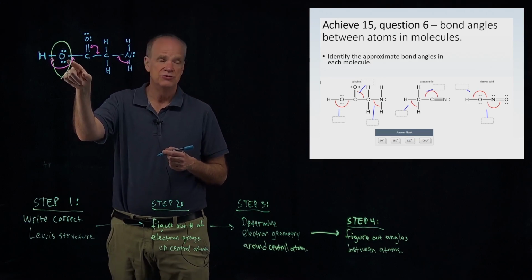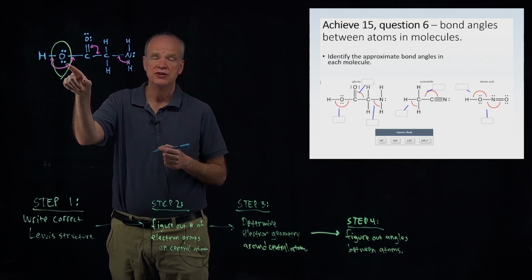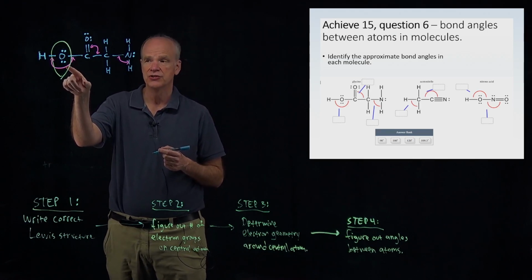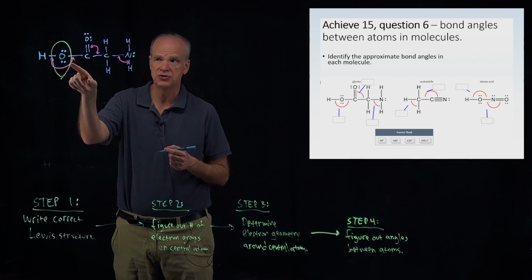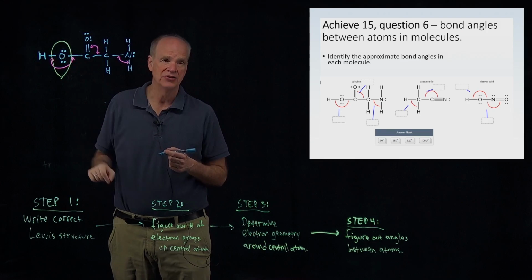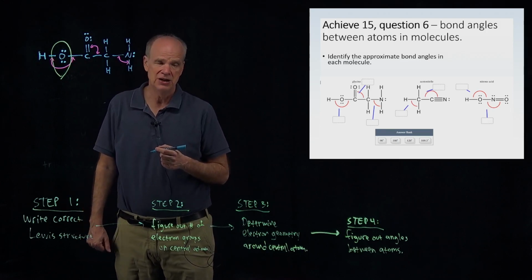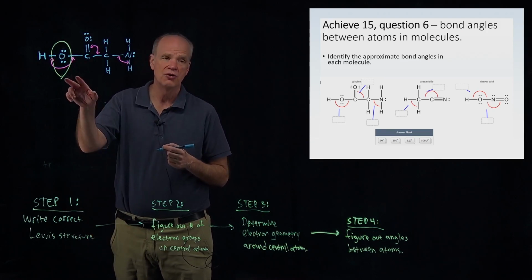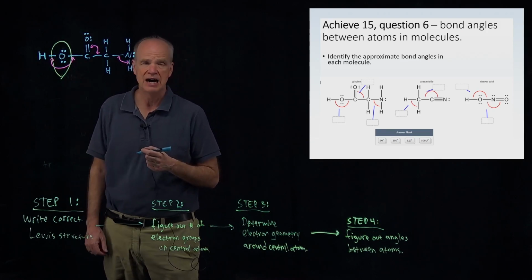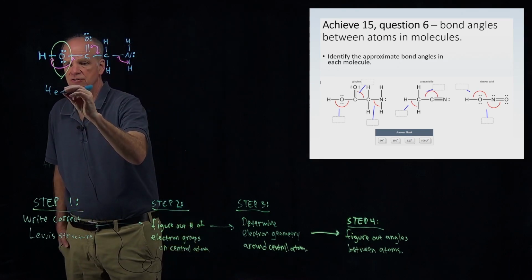You might recall that the number of electron groups is equal to the number of bonding groups the central atom has plus the number of lone pairs. This central oxygen atom has 2 lone pairs, and each of these single bonds is a bonding group, so it has 2 bonding groups. So 2 lone pairs plus 2 bonding groups, and we have a total of 4 electron groups around that oxygen. Let me indicate that this is 4 electron groups.